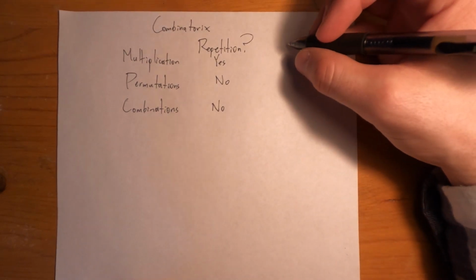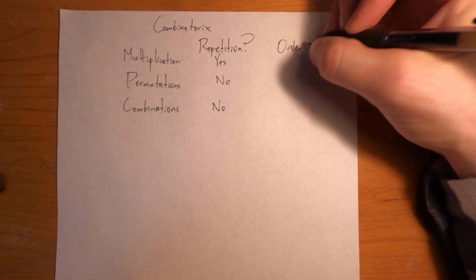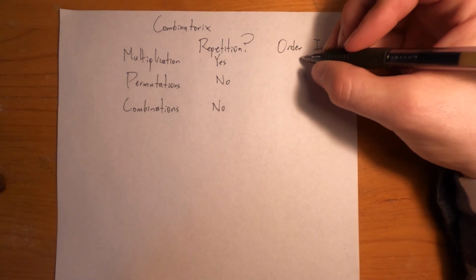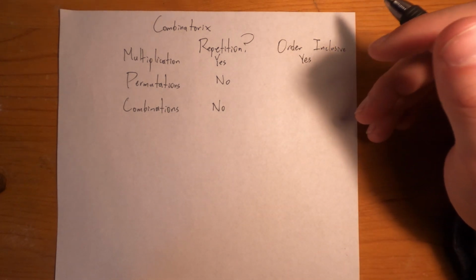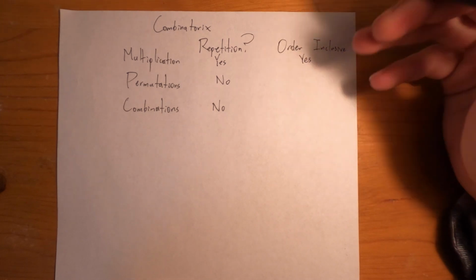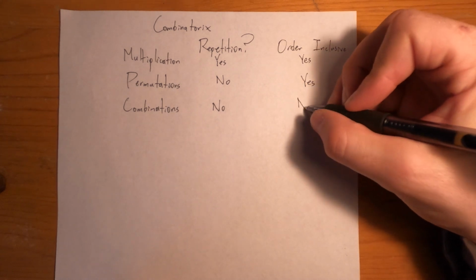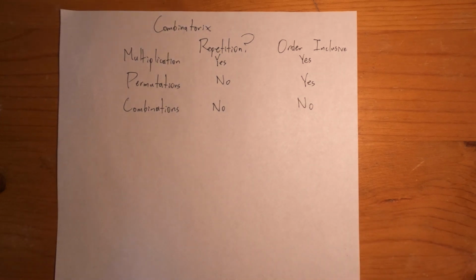The next thing you need to look at is: is it inclusive of different orders? Multiplication is. You can include all different orders of the same samples or events or outcomes. Permutation is also order inclusive. Combination is exclusive of orders, meaning that if you have 3 different observations, those will only be counted once despite the order that they're in.